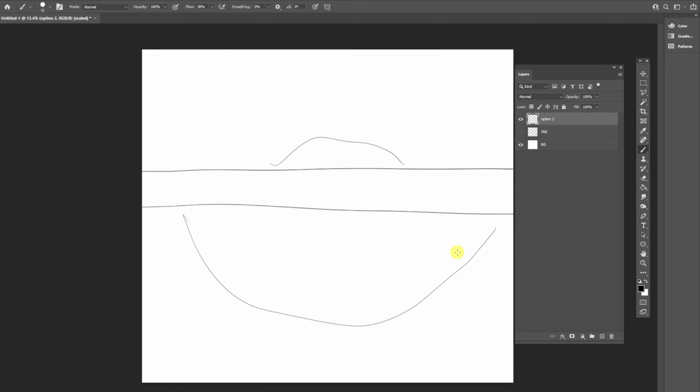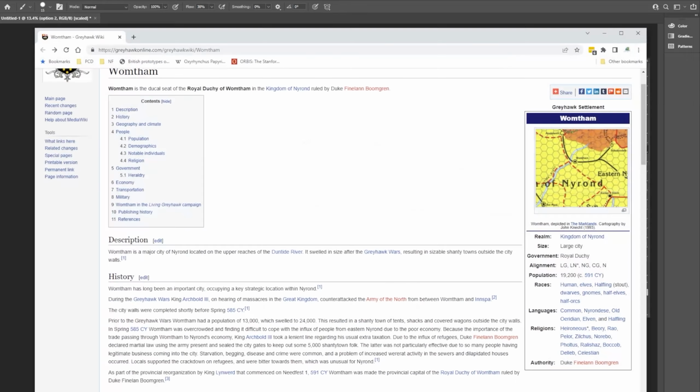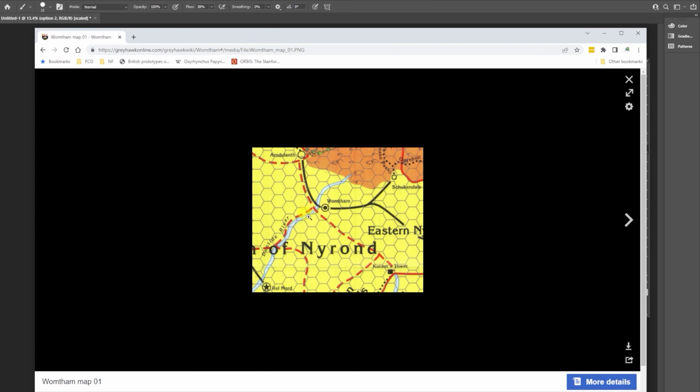The other part of this too is if we take a look at the city of Womtham area, you see how the river is doing this and the road is doing this. I like to orientate my maps the same on the cardinal directions as our actual regional map.